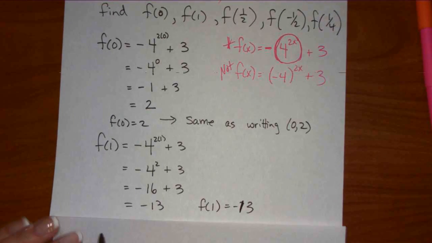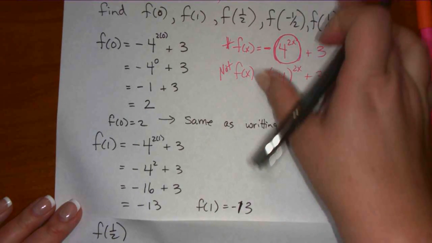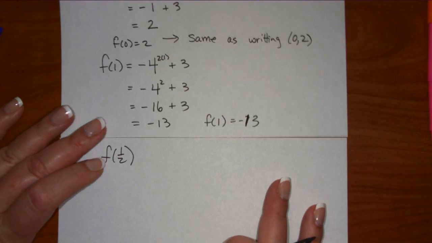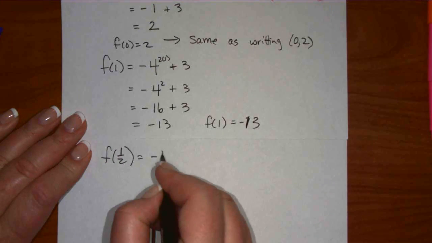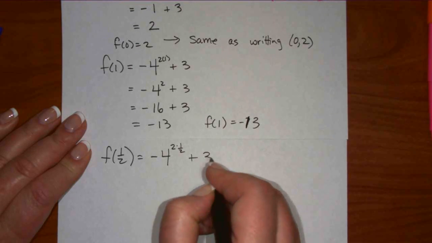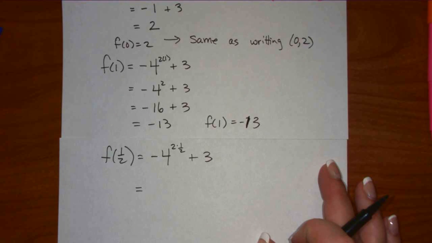So the next one is a half. So minus 4 to the 2 times 1/2 plus 3. What's 2 times a half? 1, because it's 2 over 2, which is 1.